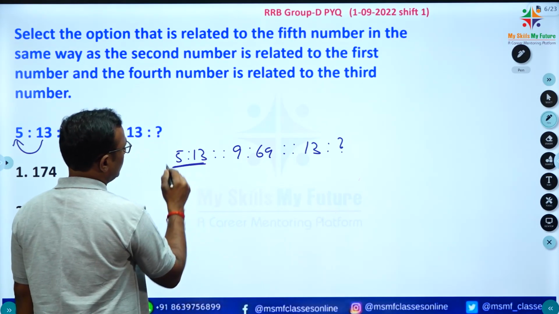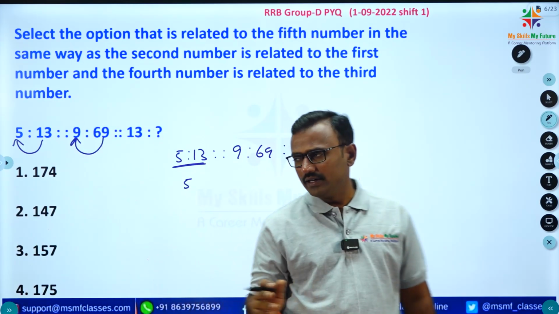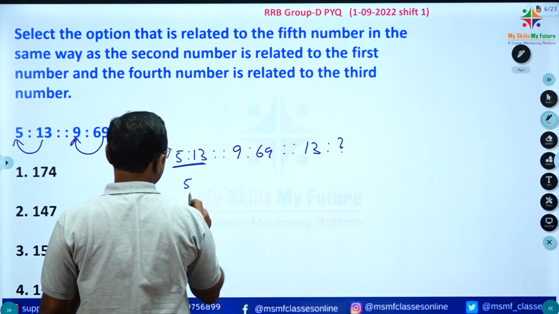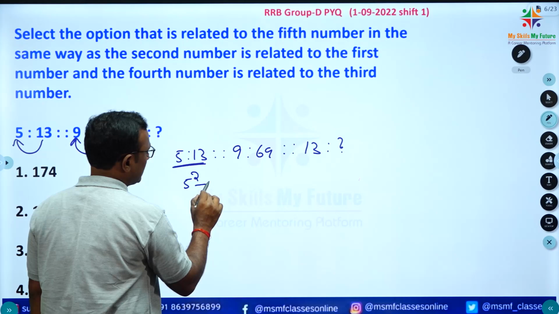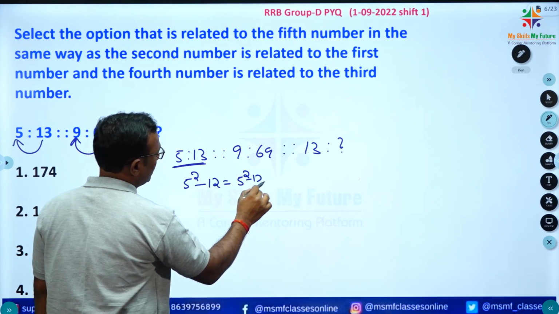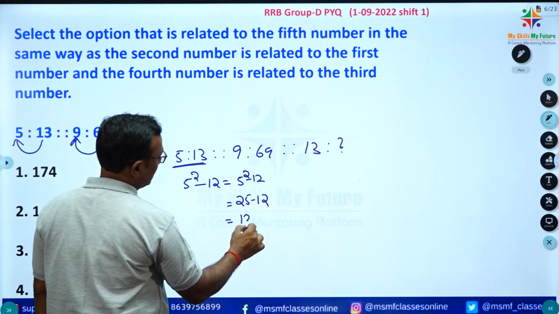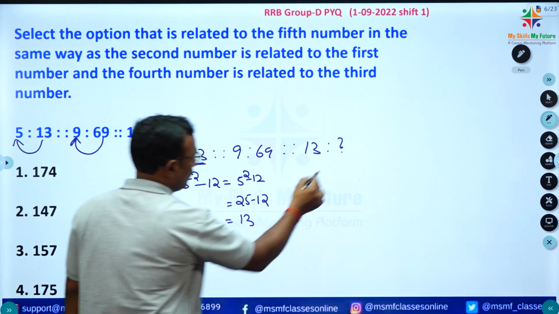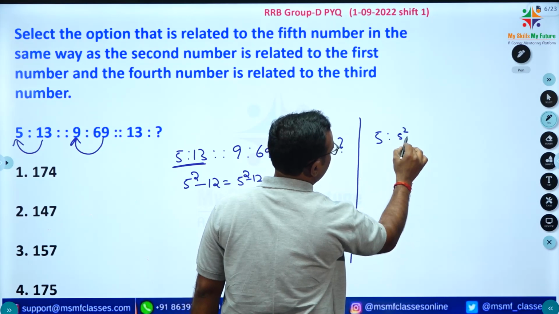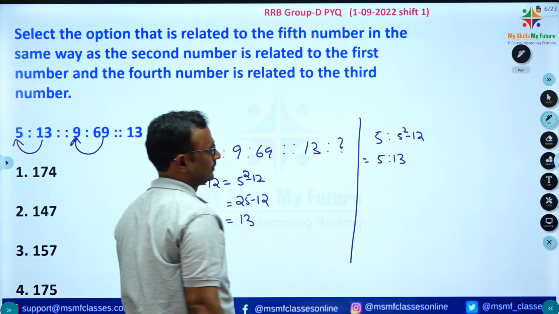So what is the logic here? Yes, 5 square minus 12. So 5 square minus 12, we get 25 minus 12, we get 13. So 5 is to 5 square minus 12, nothing but 5 is to 13.